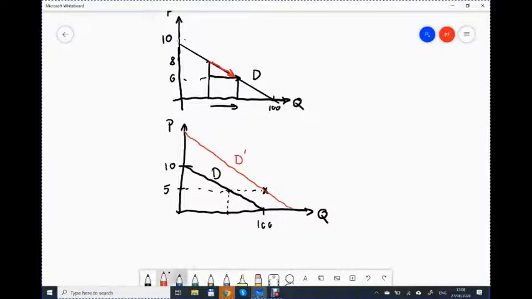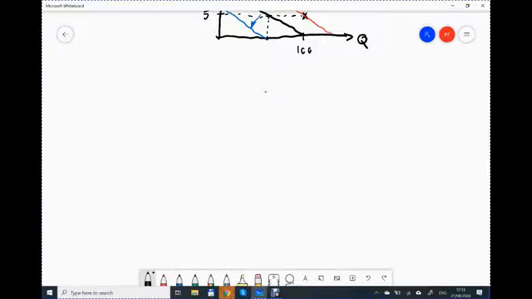If some other factor reduces the quantity demanded at any prices, then we can do this the other way around and just say that the demand function is shifted to the left. So the demand function is going to shift to the right when there is a positive shock, a positive change in the exogenous factors which influence demand, and when the shock is negative, then we have a leftward shift in the demand function.